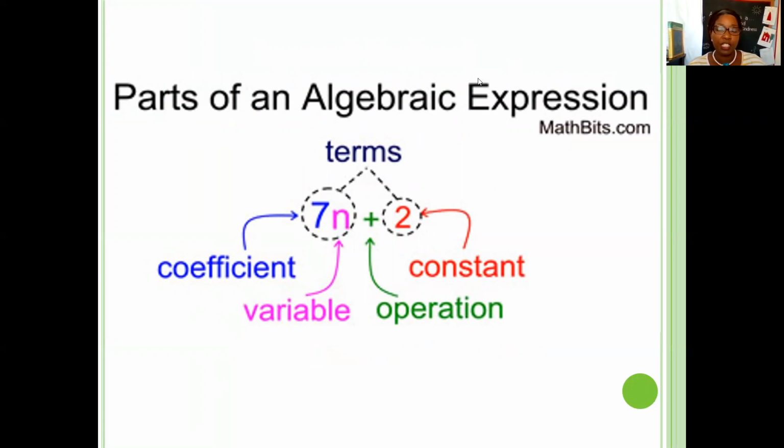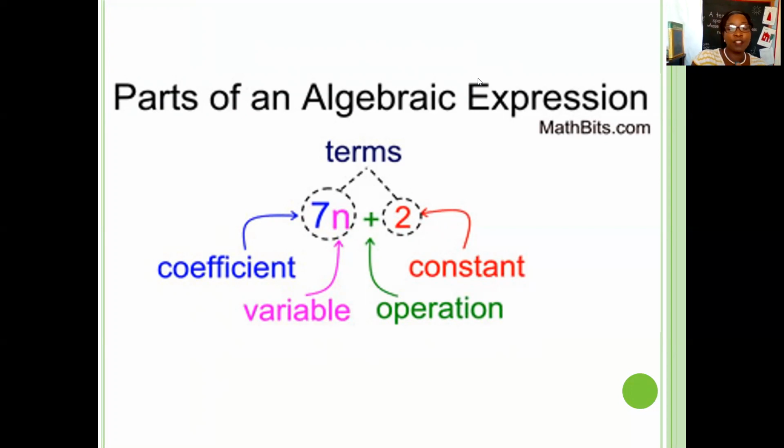We have the coefficient, and the coefficient is a number that's multiplying a variable. Whenever you see a number looking like it's attached to a variable, that's a coefficient. The variable is a symbol, usually a letter. For our exercises in BJC, our variables will be letters.